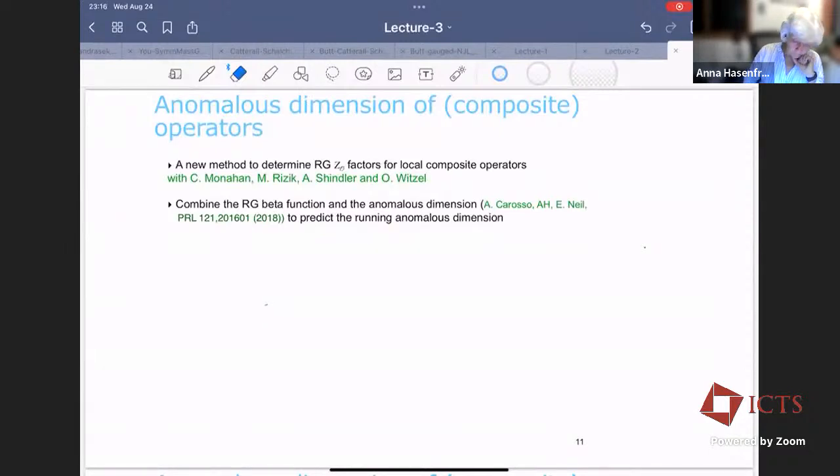What is the idea here? The goal is to calculate an anomalous dimension as a function of the running coupling. We can't do that directly on the lattice. What we can do is calculate the running coupling as a function of the flow time or energy scale.